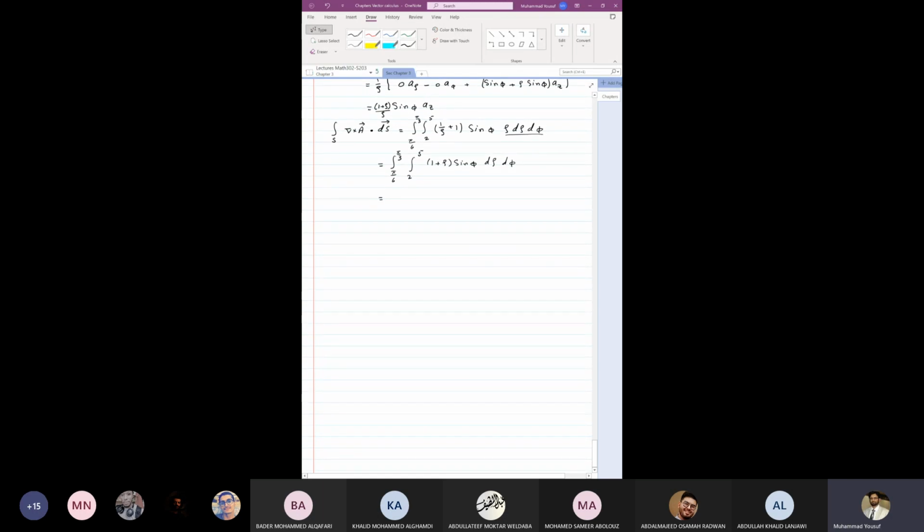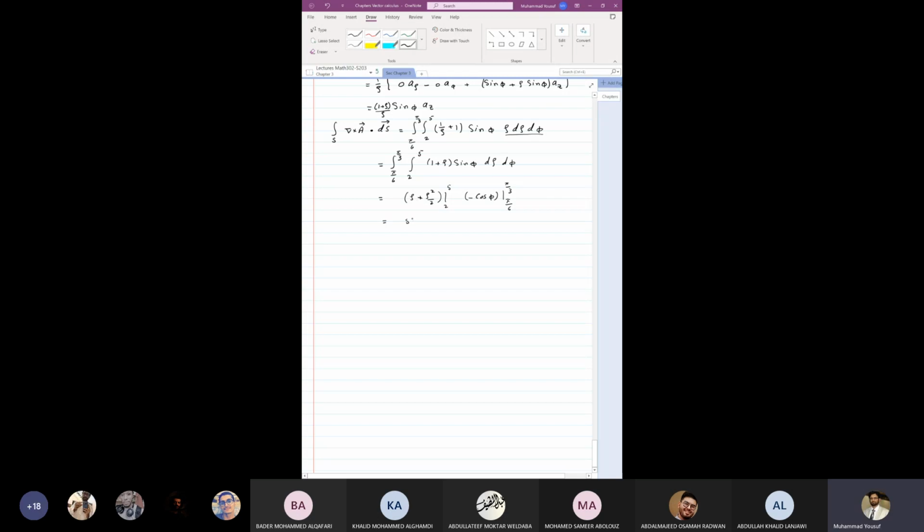Here the limits are constants, so we can separate them. When we do integration with respect to rho, we get rho plus rho square over 2, and the limit is from 2 to 5. Then the integral of sine is negative cosine, and the limit is from pi over 6 up to pi over 3.